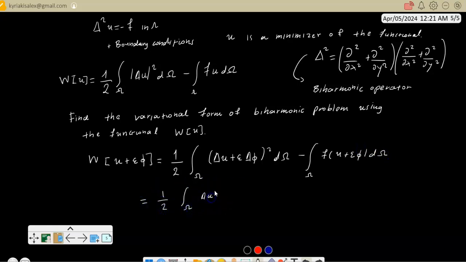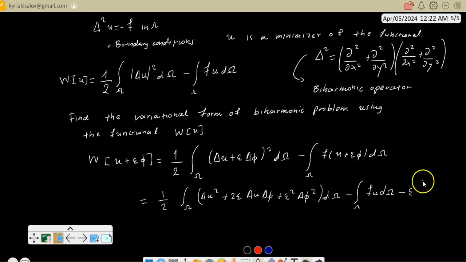We do some computations here. We split this integral here, f times u minus epsilon integral of f times phi d omega.